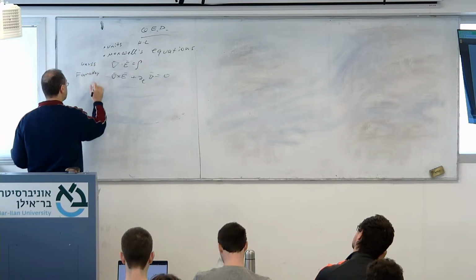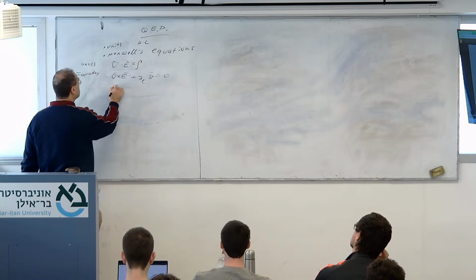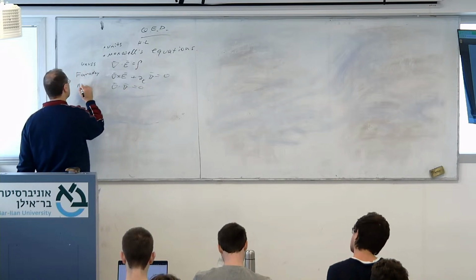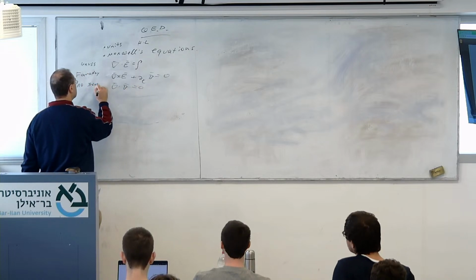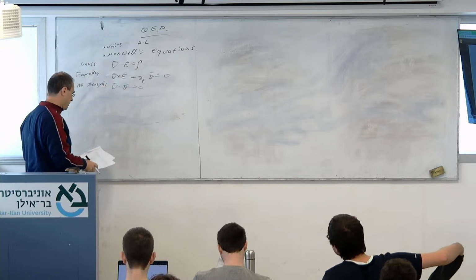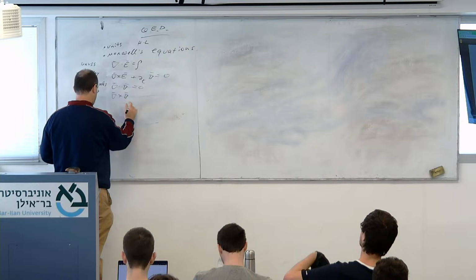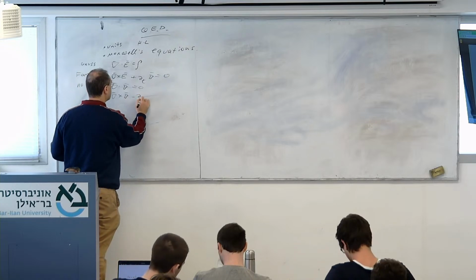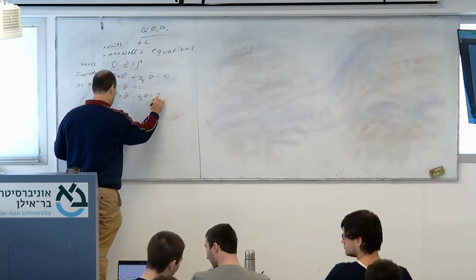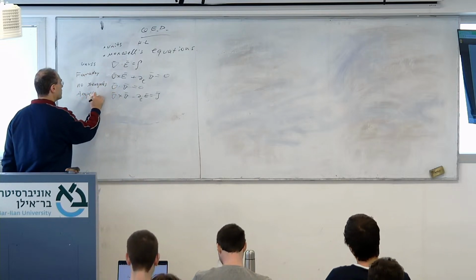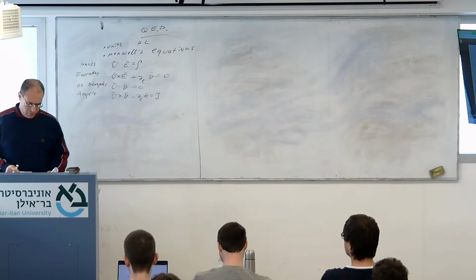Then Gauss for magnetism, no magnetic monopoles, and then Ampere. These are the Maxwell's equations you know and love.